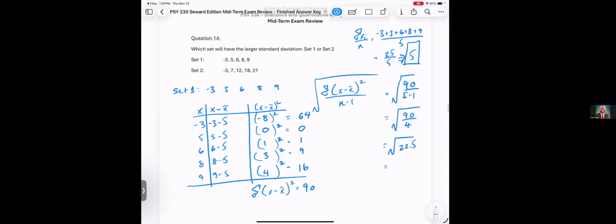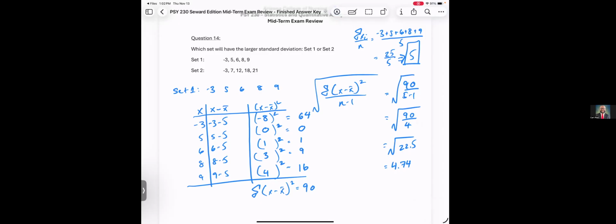And then the square root of 22.5 is 4.74. I've decided to round to 2 places after the decimal. So I know that's for set 1.